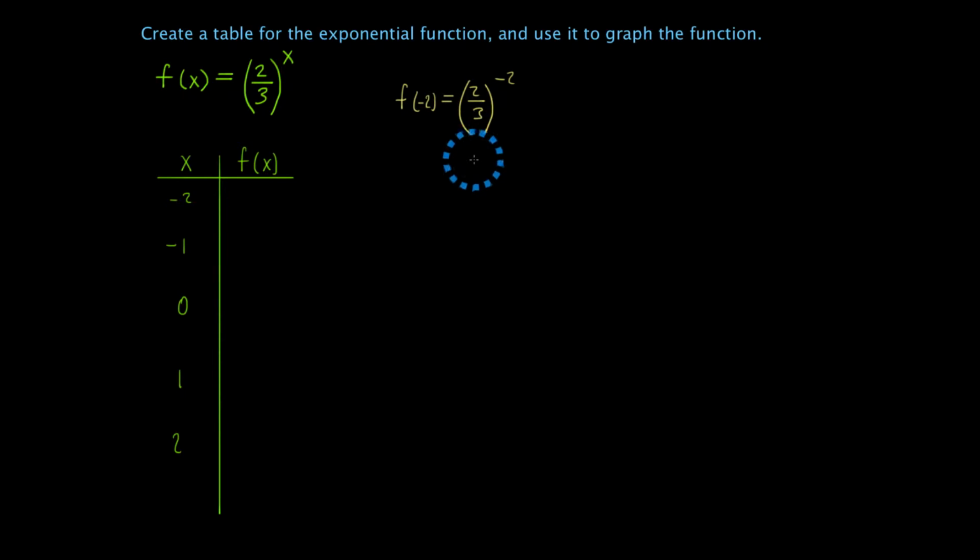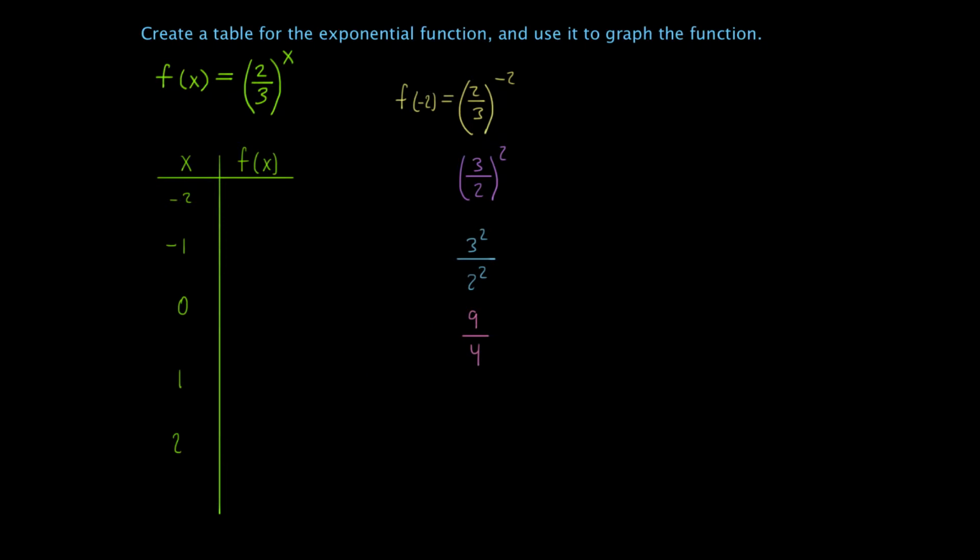So what I really have is 3/2 to the second power. So what I really have here is 3 to the second power over 2 to the second power. So 3 to the second power, we get 9, over 2 to the second power, we get 4. So 9/4. F of -2 is equal to 9/4, or I could think about this as 2 1/4 here.